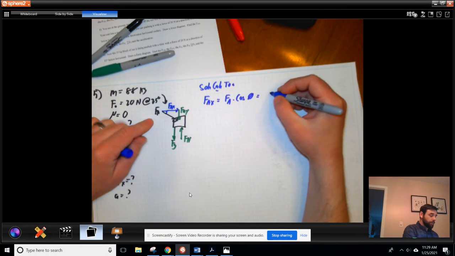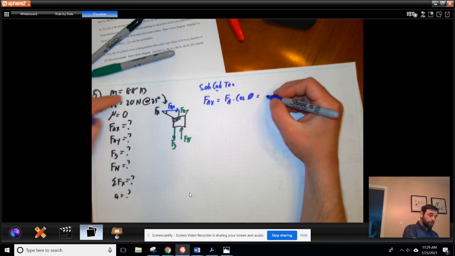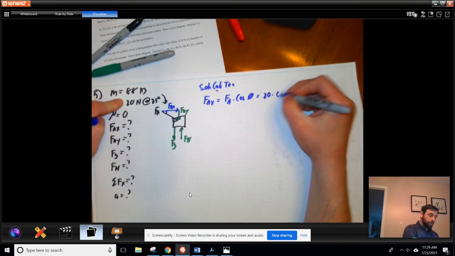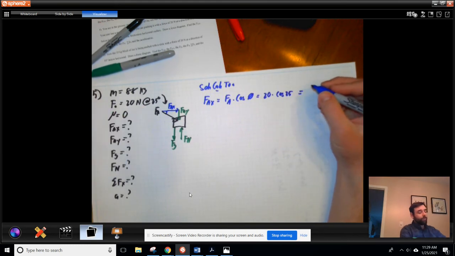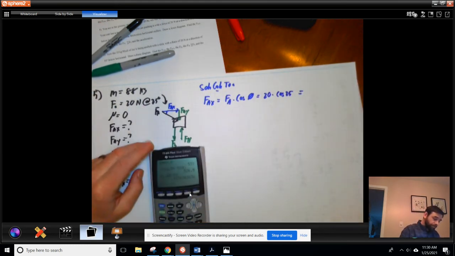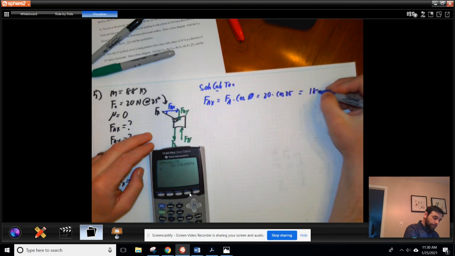So that's just going to be FA, which was 20, times the cosine of 25. Times cosine 25 gives me 18.12 newtons. Groovy.